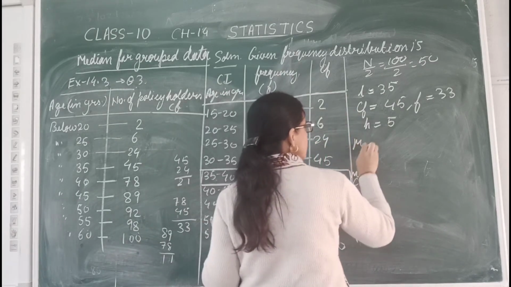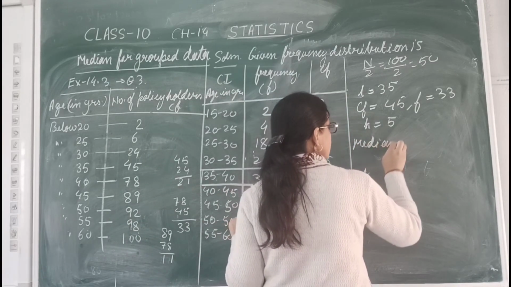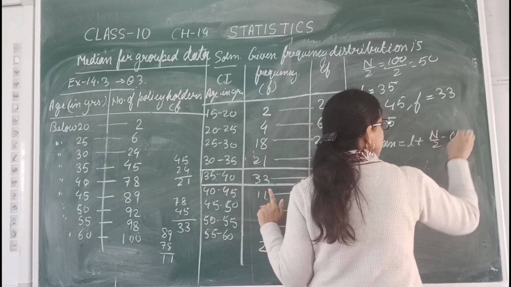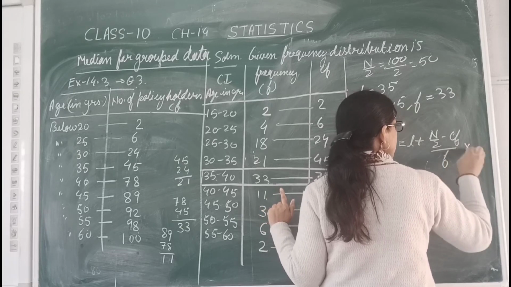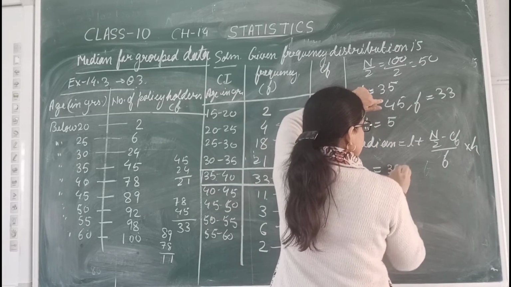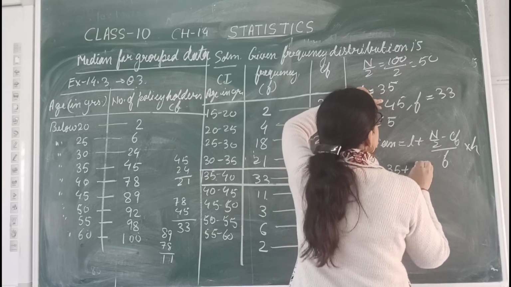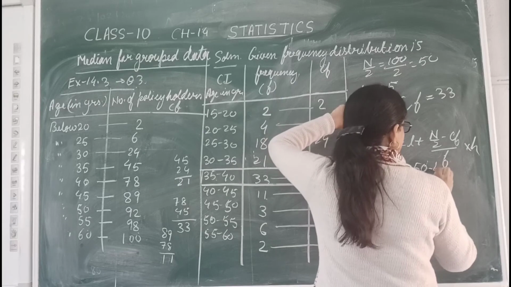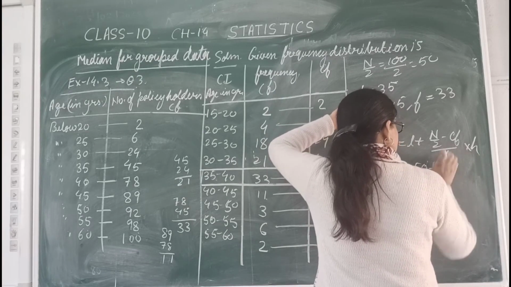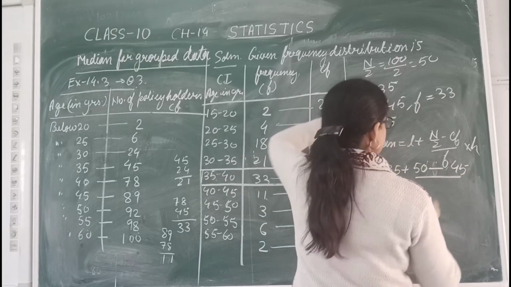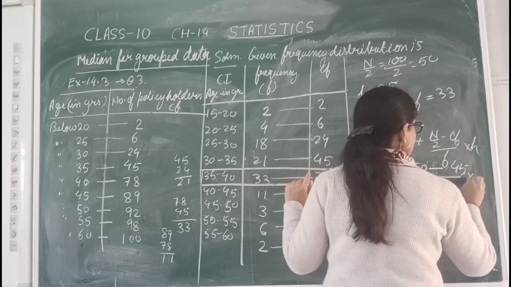So median equals L plus n by 2 minus CF by F into H. So let us put the values. L is 35 plus n by 2 is 50 minus CF is 45 by F is 33 into H is 5.